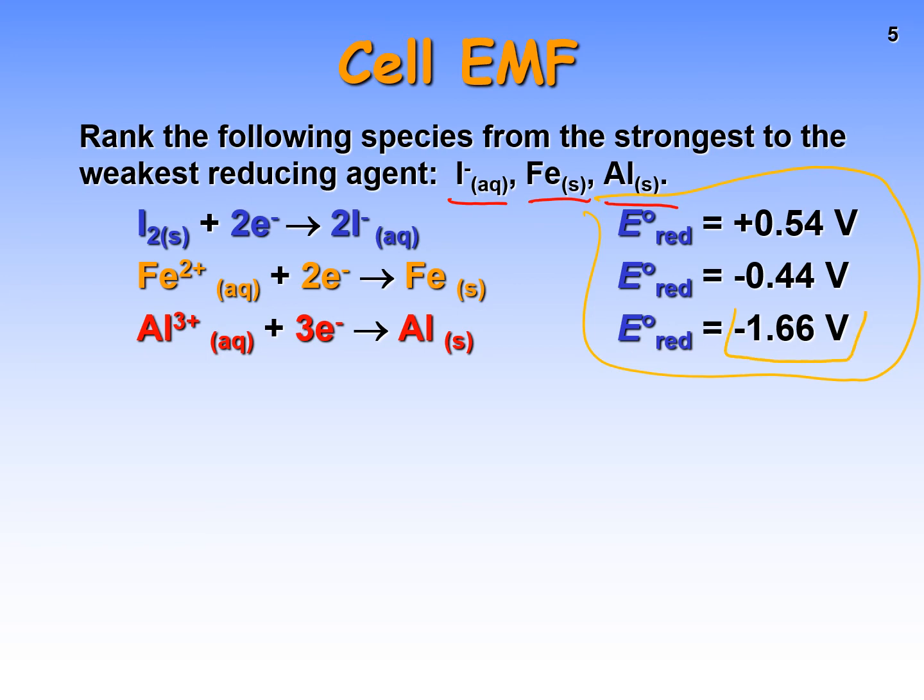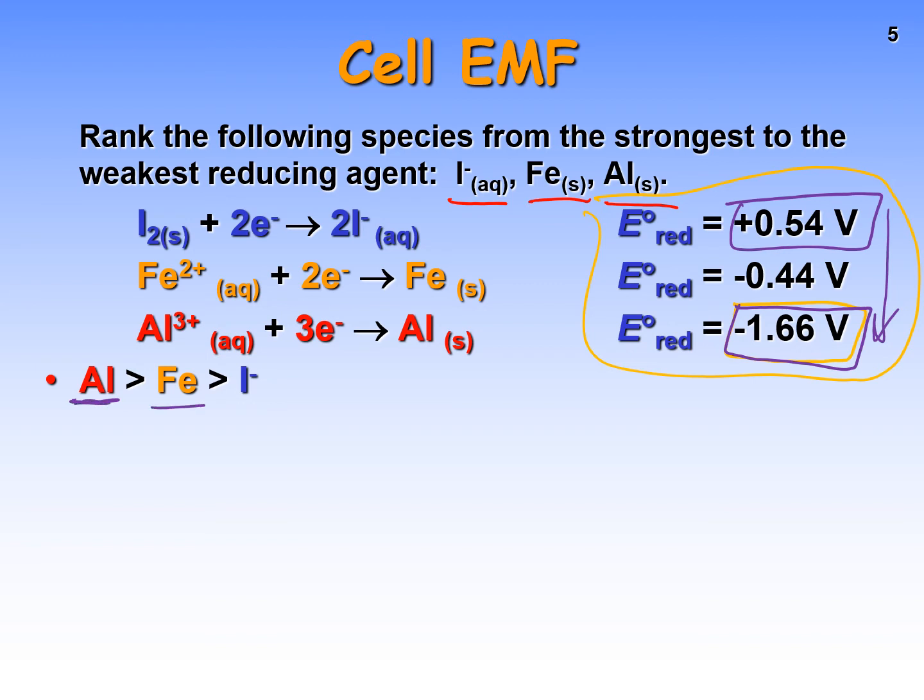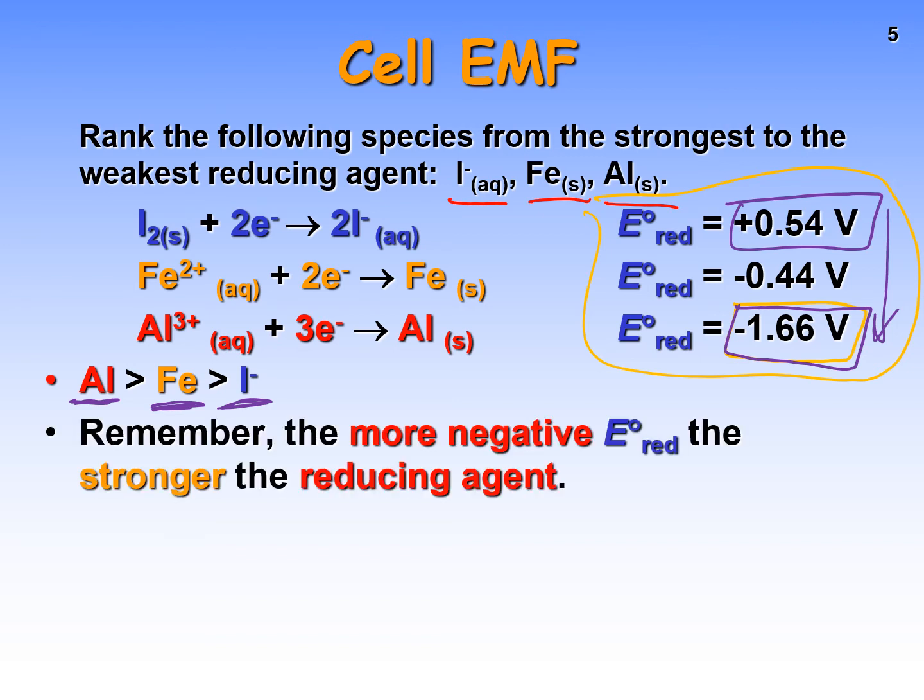So I can see that this value here is the most negative, and this one is the most positive, which tells me that as we go this way, we have strongest to weakest reducing agent. So our strongest reducing agent is the aluminum, then we have the iron, then we have the I-, the iodide. Again, remember, the more negative your reduction potential, the stronger reducing agent, the more positive, the stronger the oxidizing agent.